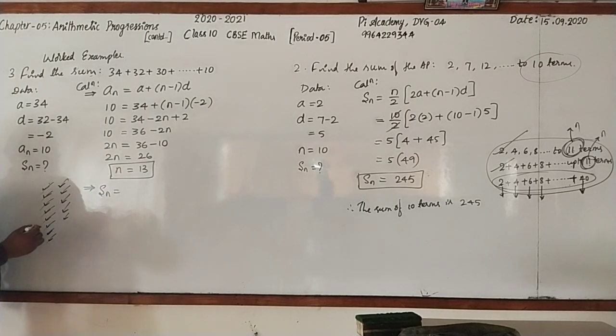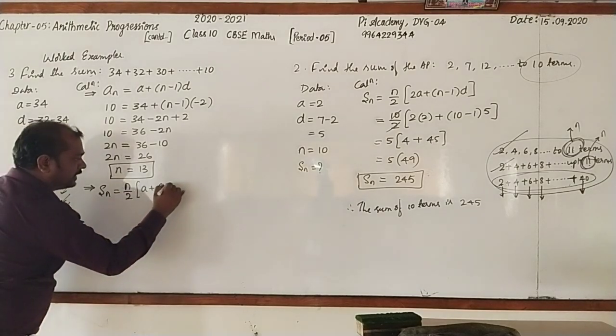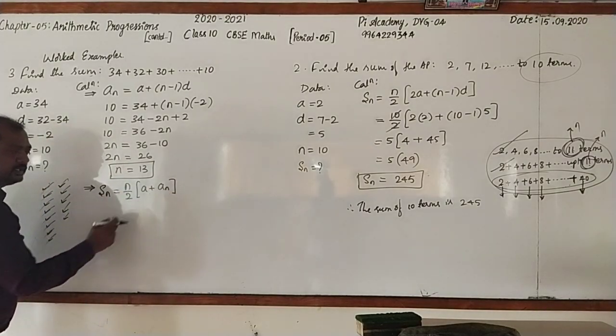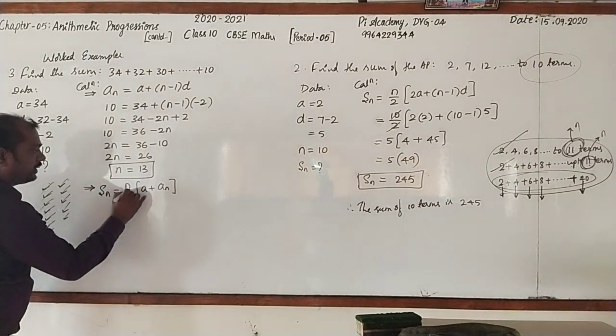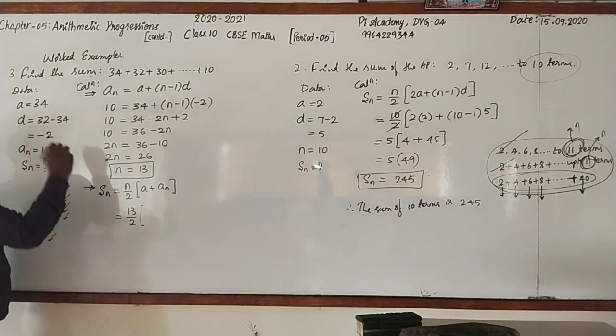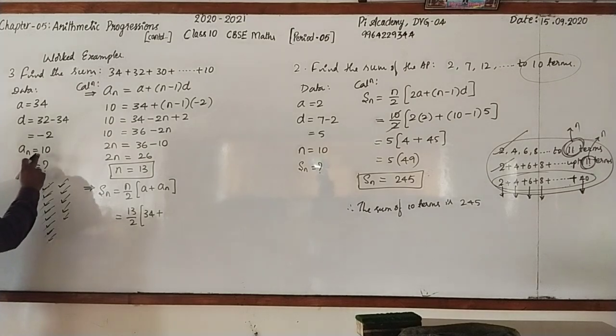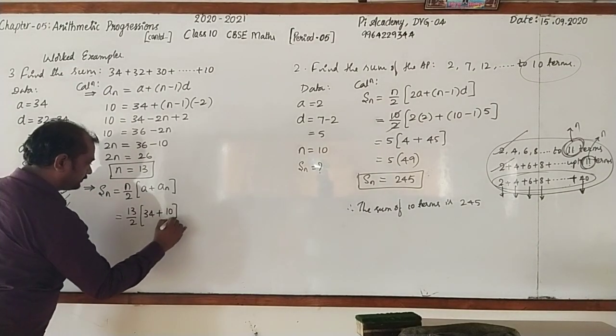The common difference is not necessary. We can use the formula n by 2 into a plus an, right? Because all these are known. Where n is 13, by 2 into a is 34 plus the nth term an is 10.